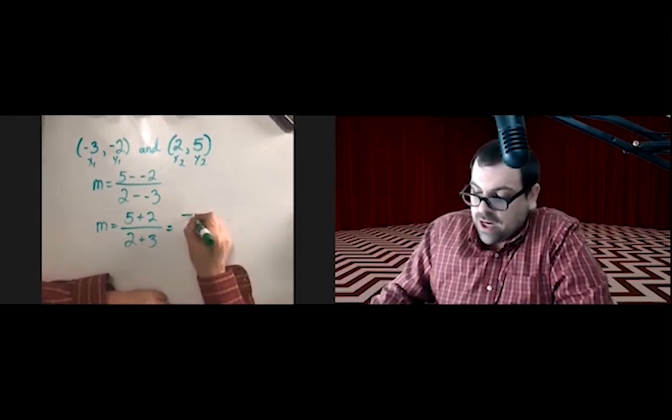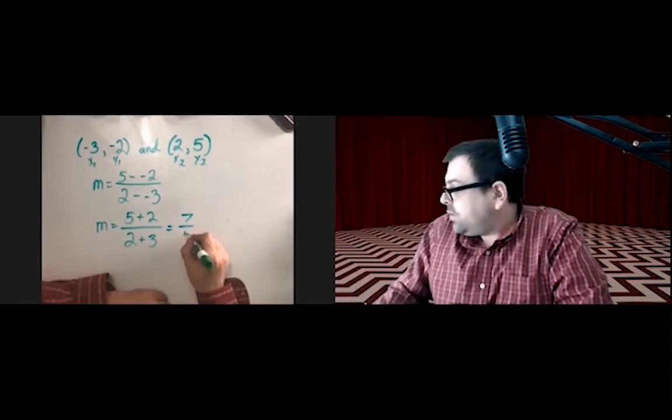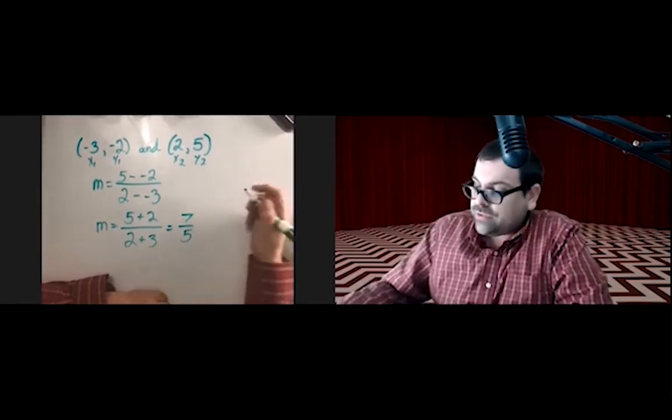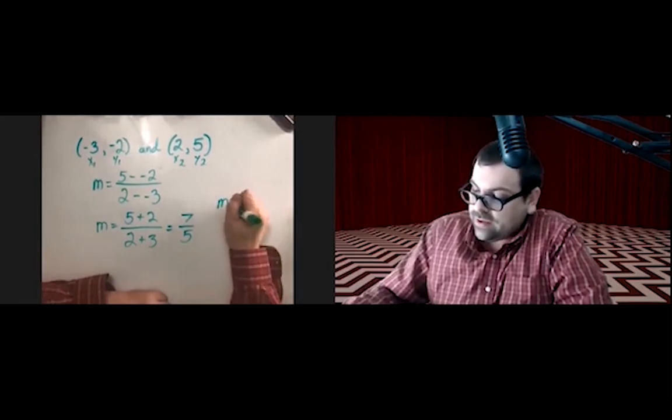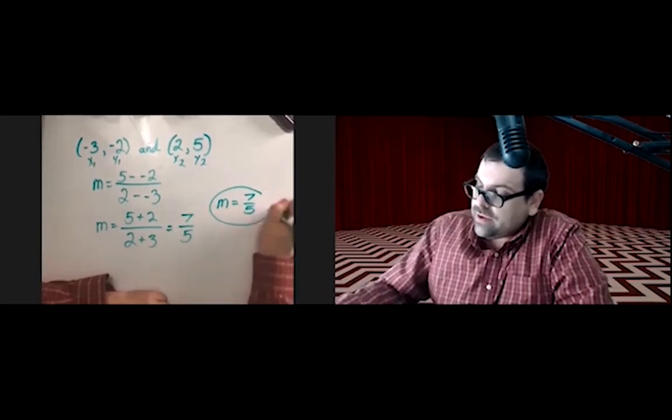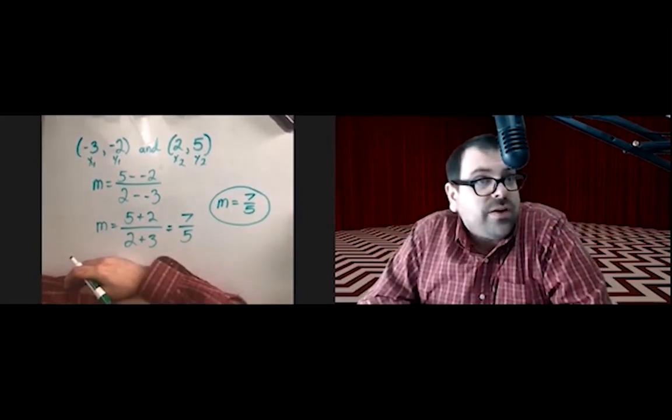This is positive 7 over positive 5. And we can't reduce or simplify that any. So the slope of the line is 7/5.